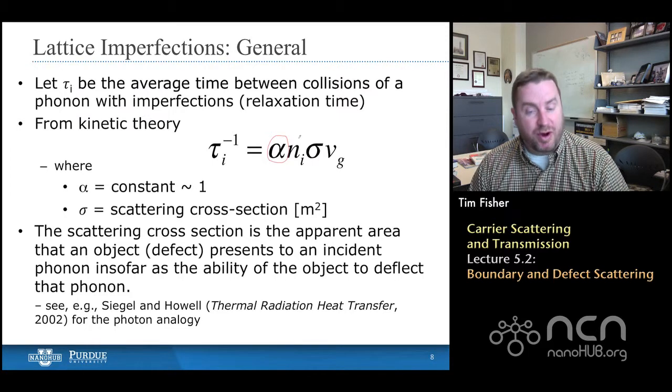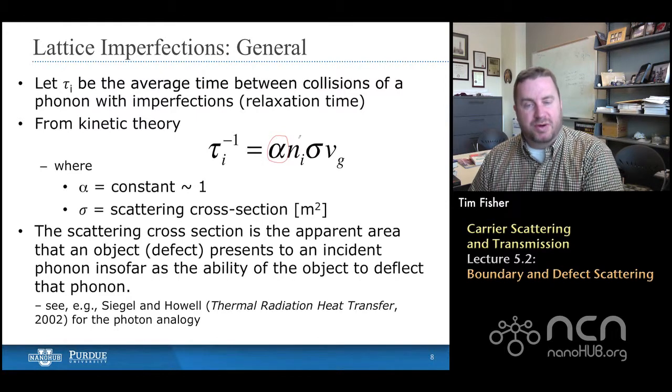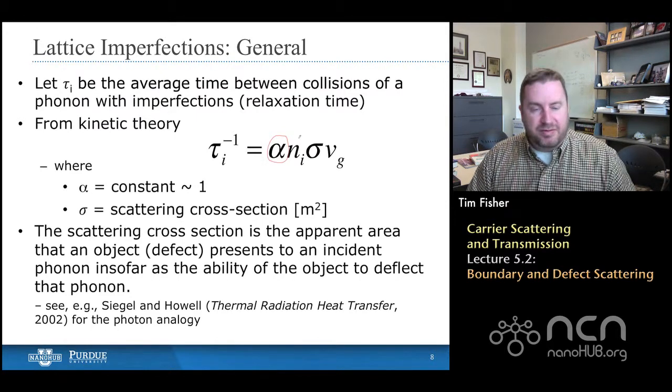Sigma is a scattering cross section, and that's how you'll see it tabulated. In lots of different kinds of scattering events, you'll see scattering cross section in meters squared cited instead of, say, a scattering diameter or radius, d from the last page.